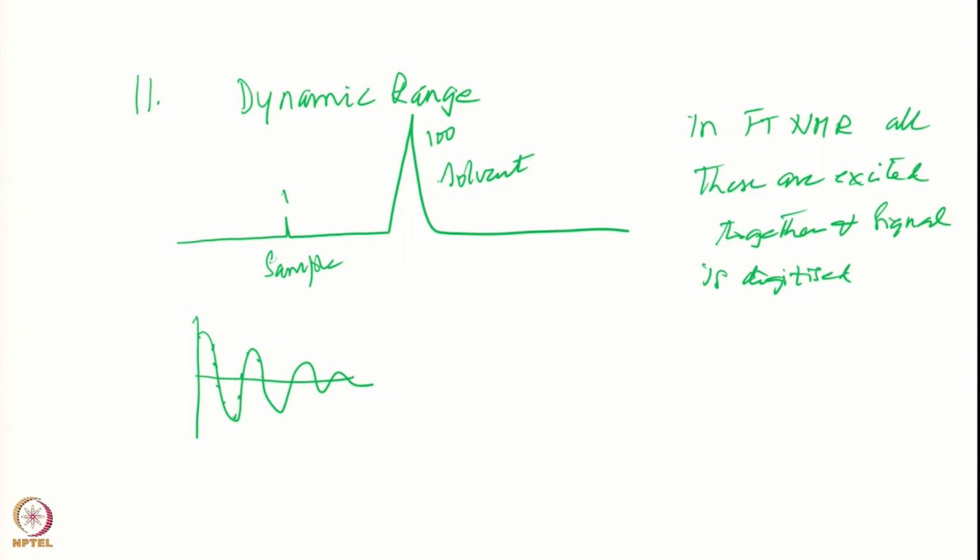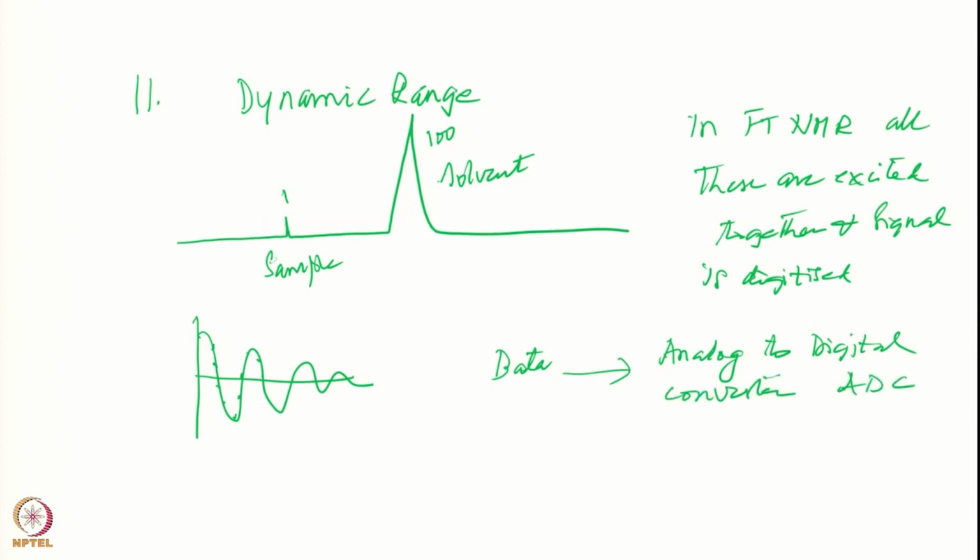How is it stored in the data? The data is digitized, right, as I told you, and there is this device which is called an analog to digital converter, also called ADC. Okay.